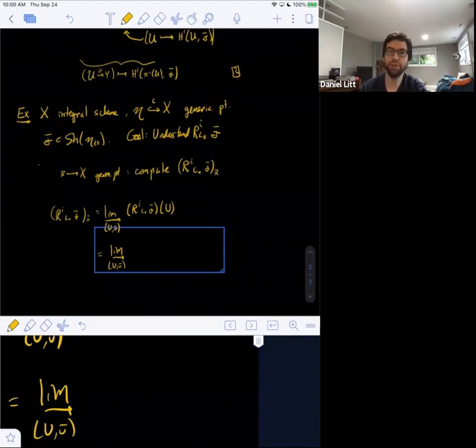How do you compute a derived push forward, or how do you compute the stalk of a sheaf which is associated to some pre-sheaf we know? So how do you do that?